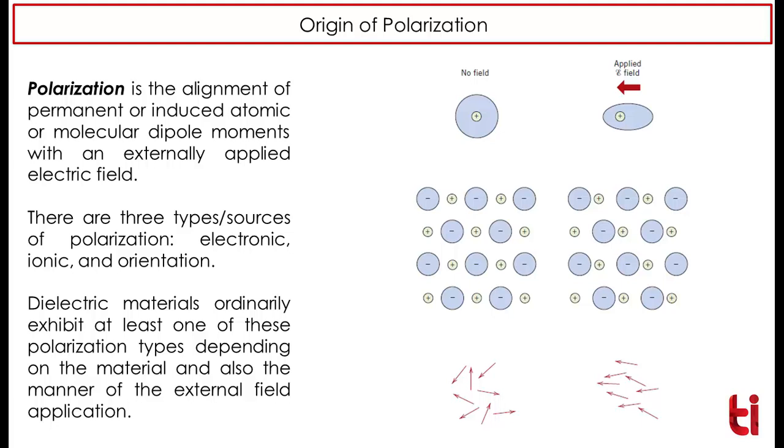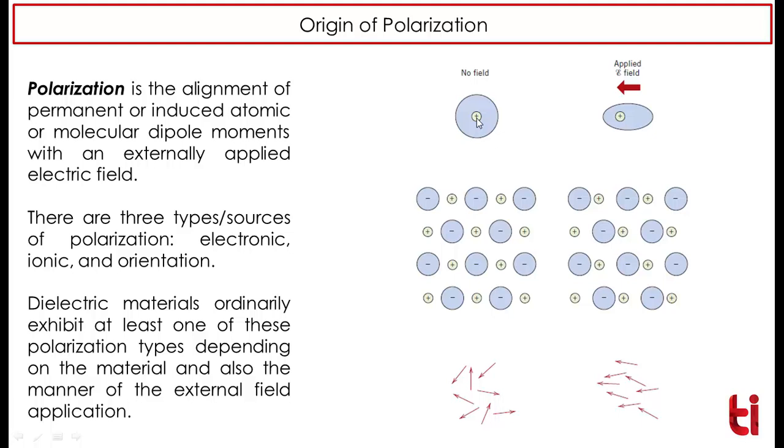So if we look at the physical phenomenon which gives rise to a material becoming polarized in the presence of the electric field, it is essentially the alignment of permanent or induced atomic or molecular dipole moments with an externally applied electric field. If we look at an example here, we have an atom, and in the absence of a field, the center of mass of the electron cloud and the hole lie exactly on each other.